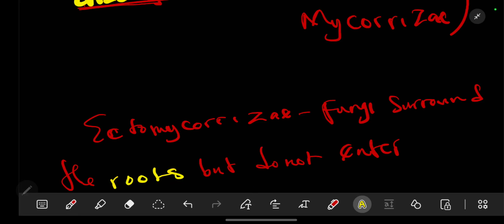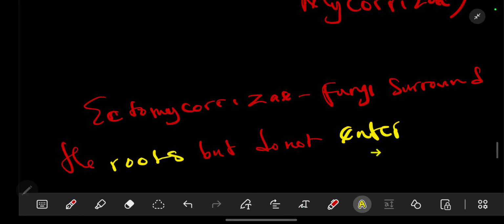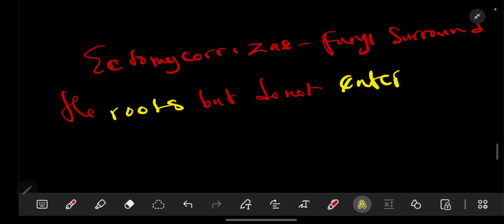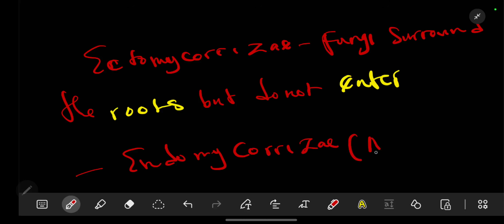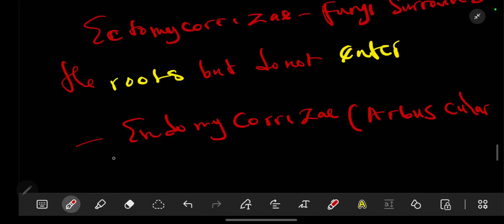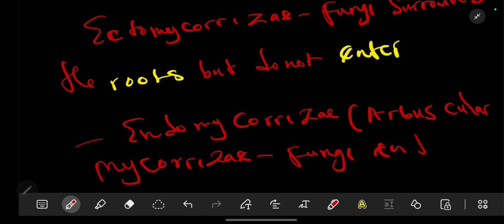So that is basically what ectomycorrhiza is, whilst we have said that endomycorrhiza or arbuscular mycorrhiza, in this one, the fungus or fungi enters the roots.